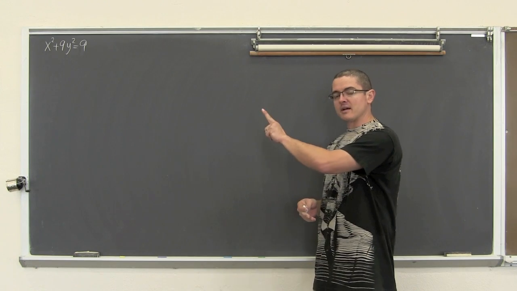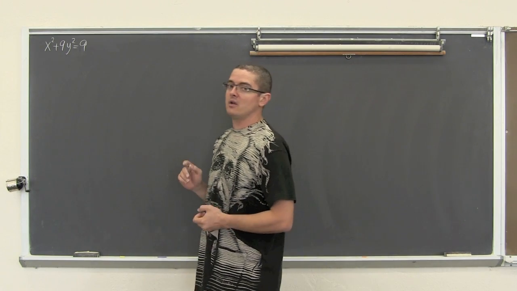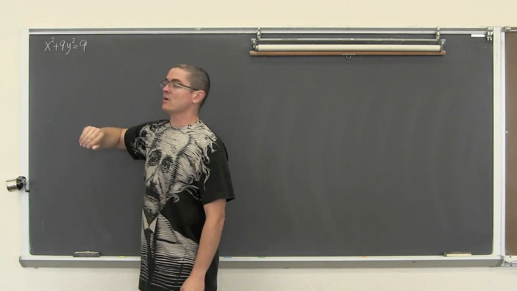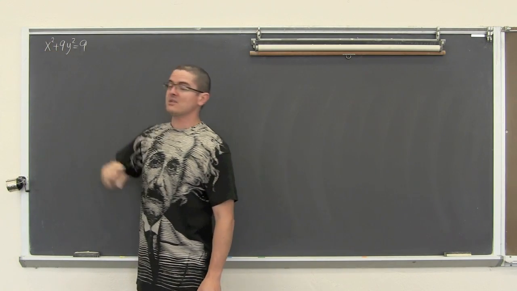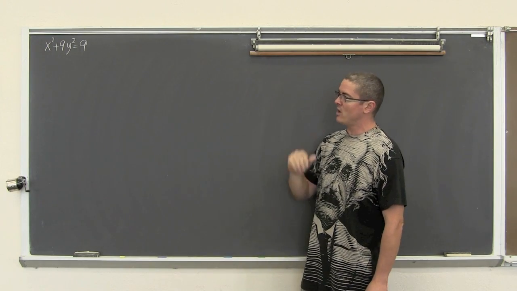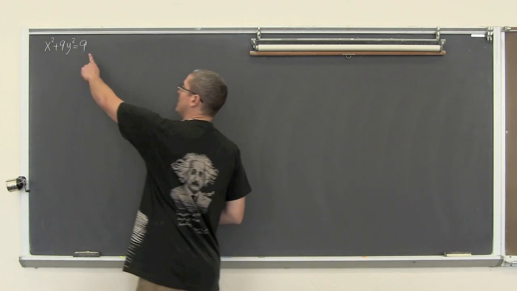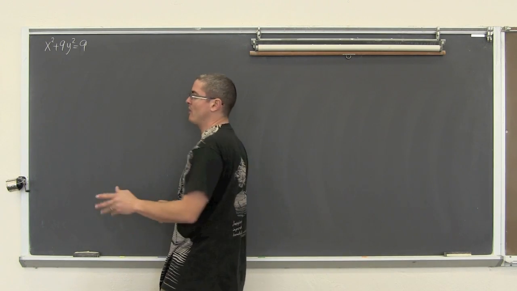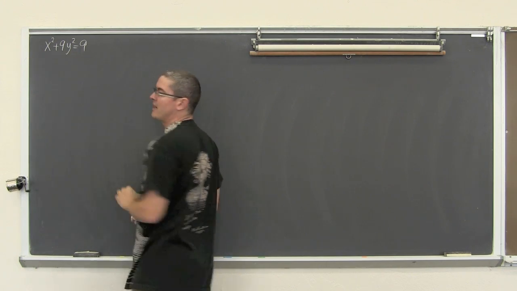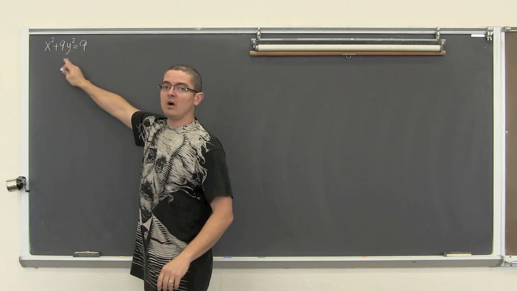Now, hopefully you recognize what's going on here. This is x squared plus 9y squared equals 9. When you have 2 squared terms, an x squared term and a y squared term, and their leading coefficients have the same sign but different leading coefficients, we have 1 and 9, you have an ellipse. If I take this, and I need a lot of room to show my work, so just think, if we take this entire equation and we divide it by 9, we're going to have x squared over 9 plus y squared over 1 equals 1.